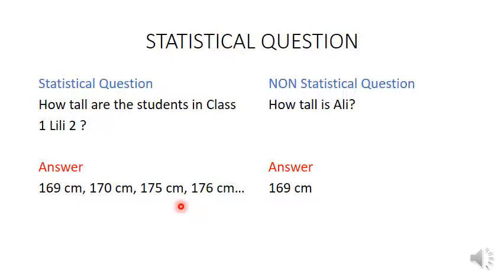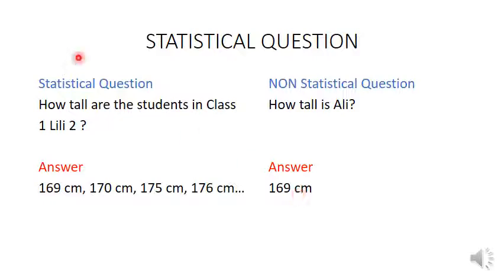So you get different answers: 169, 170, 175, 176. A variety of answers. So for a statistical question, if you ask, you get different answers. Whereas for a non-statistical question, you only get one answer, because you ask Ali, what is your height? Ali said 169 cm. You get only one answer.